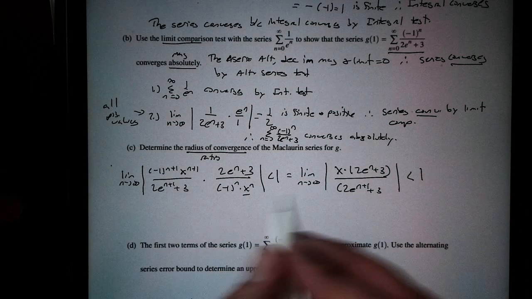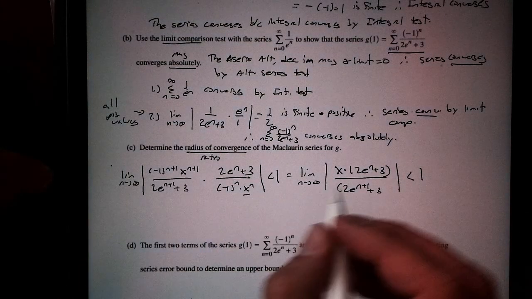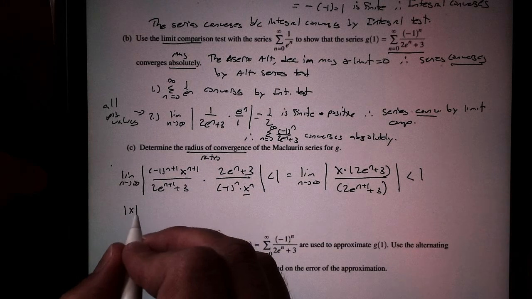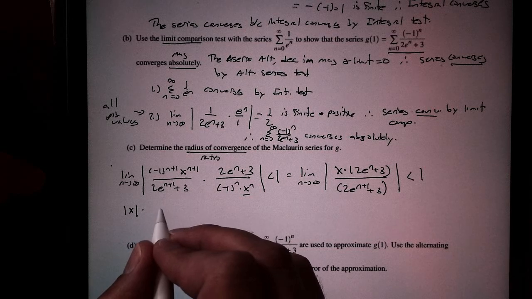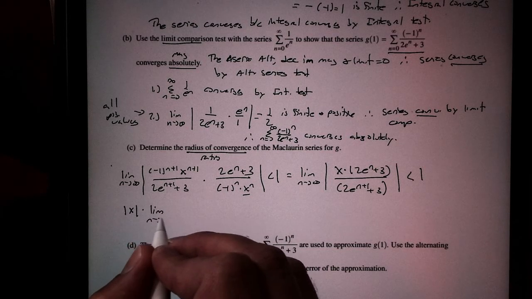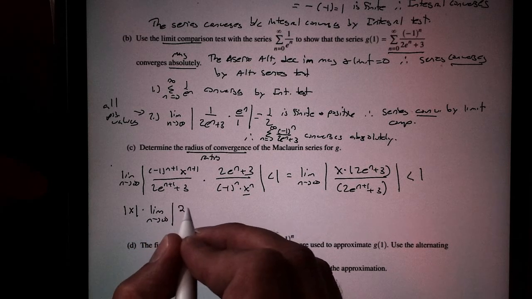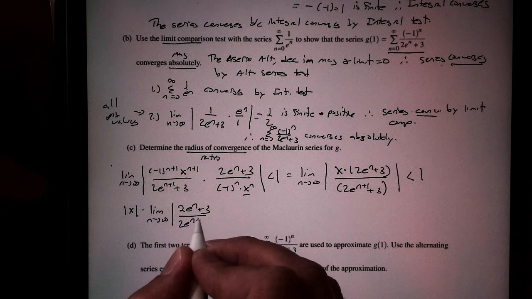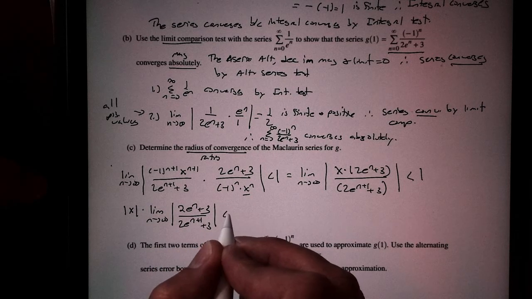So when I factor out my x, I'm going to get the absolute value of x times the limit as n goes to infinity of 2 e to the n plus 3 over 2 e to the n plus 1 plus 3 is less than 1.